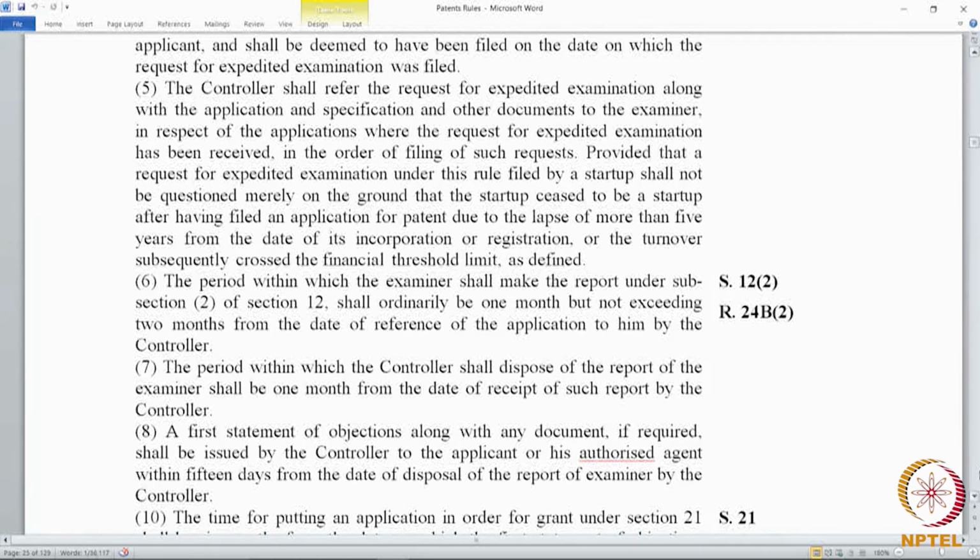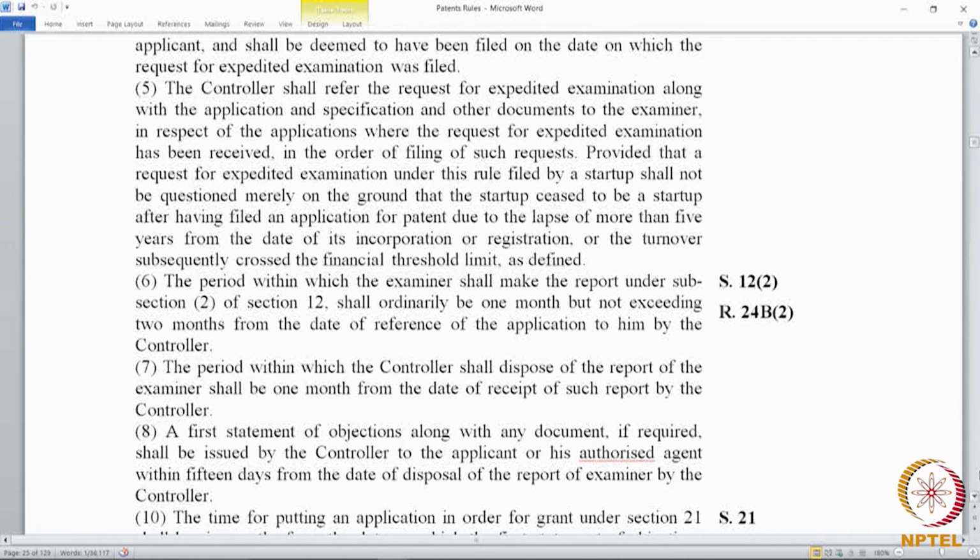If a startup is entitled to the status of a startup at the point in which the request is made, subsequent change in status by crossing the 5-year threshold or the 25 crore threshold will not affect the request that was made. It will still proceed as an expedited request.